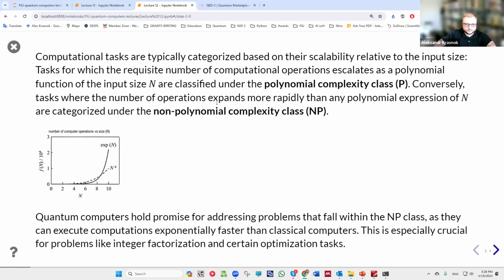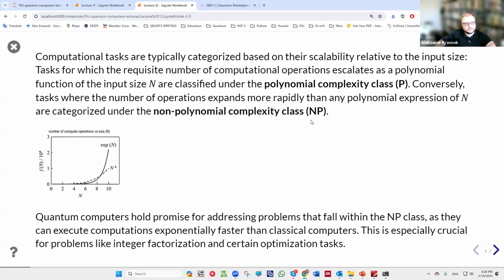A quantum computer uses a completely different approach. It can solve such a problem. Classical computing solves the polynomial class of problems, while a quantum computer solves the non-polynomial class of problems. At the same time, can we use a quantum computer to solve polynomial complexity class problems?